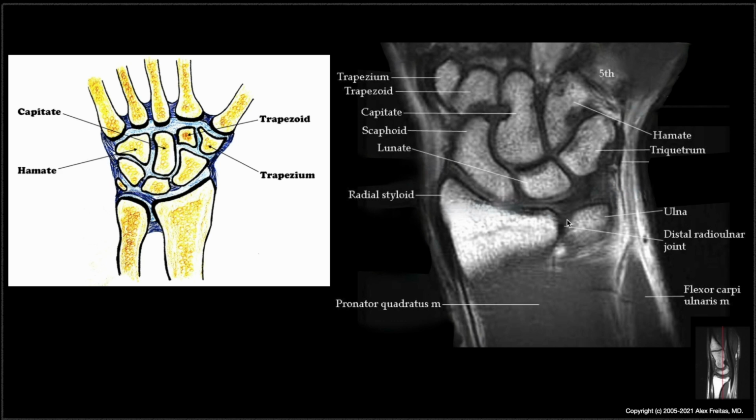We know that the radius is positioned on the same side as the thumb, which is the first finger. The other thing that we know is that the thumb is trapped. So two bones that we see on this side are trapezium and trapezoid. We remember that trapezoid is the smaller and deeper one.